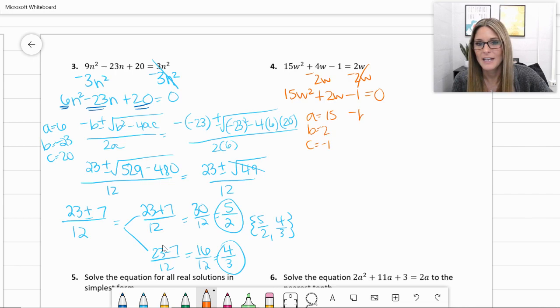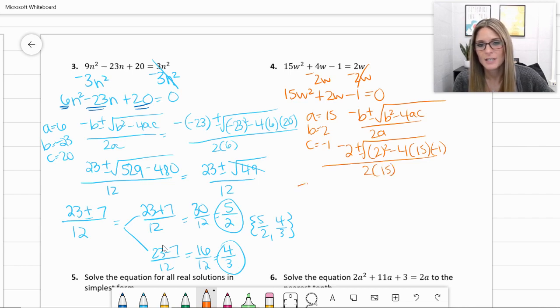Quadratic formula, negative b plus or minus the square root of b squared minus 4ac, all divided by 2a. So let's start filling that in. Gives me negative 2 plus or minus the square root of 2 squared minus 4 times 15 times negative 1, all divided by 2 times 15.